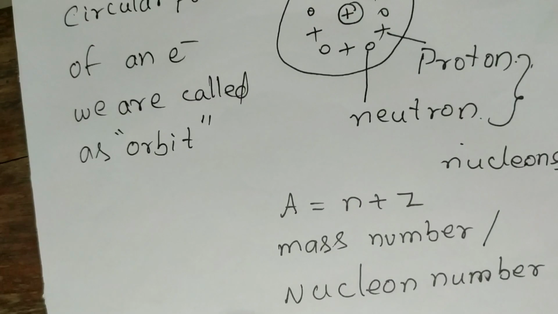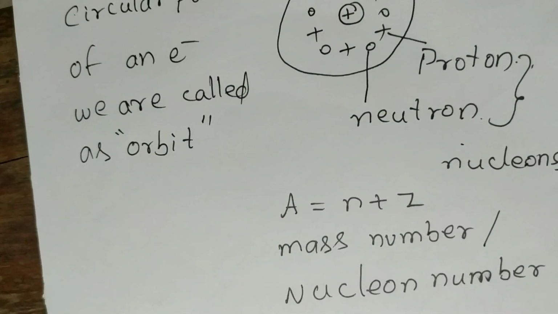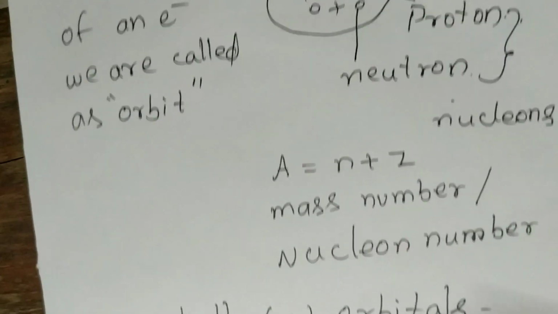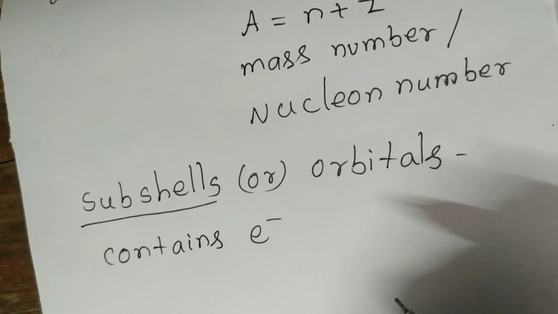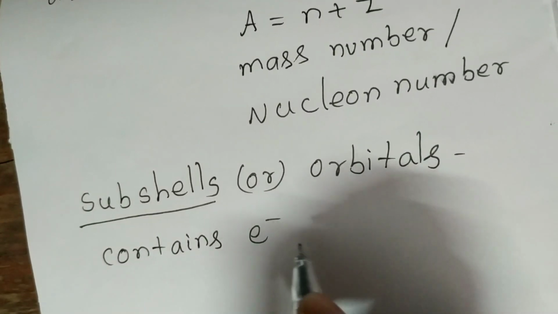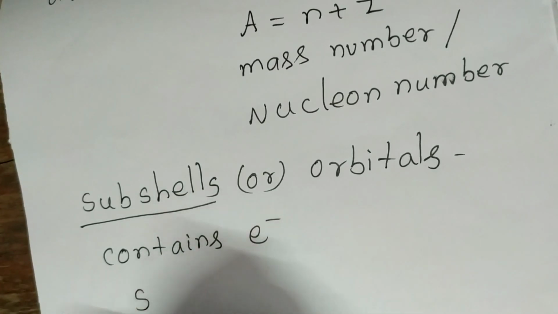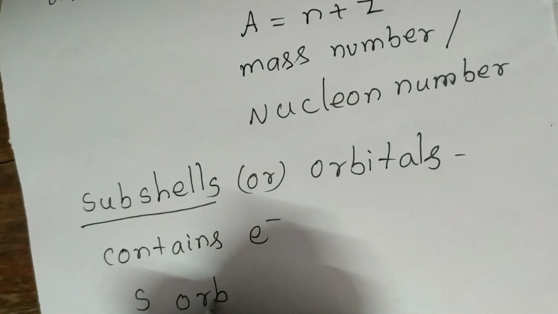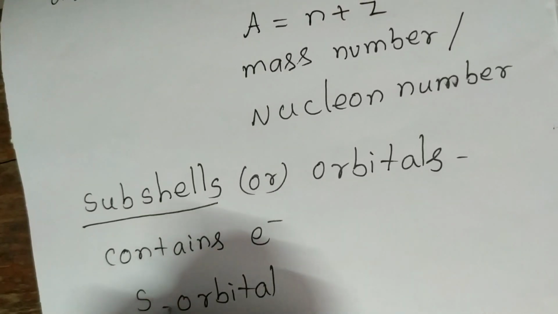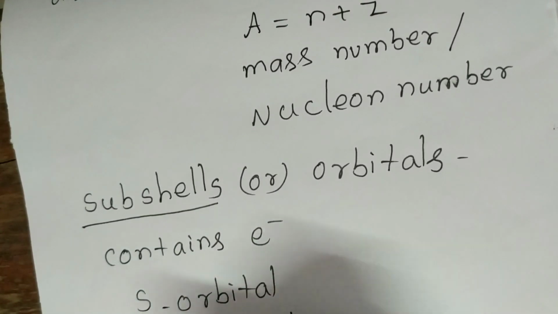We can even say the maximum probability of finding an electron, we can call it an orbital. And here we have 4 types of orbitals: s orbital, p orbital, d orbital, and f orbital.